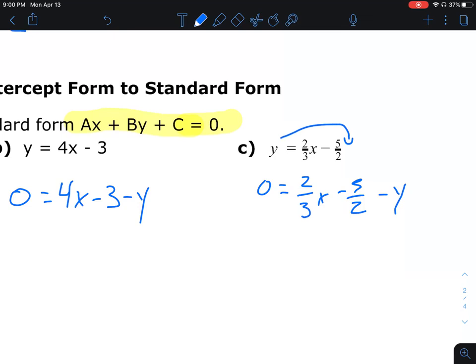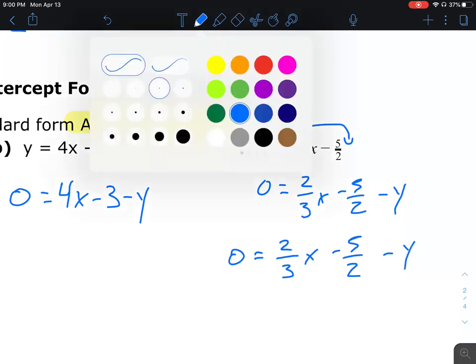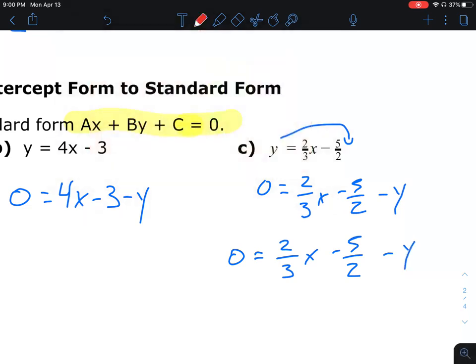I'm going to chop this up a little bit. So my first step, I'm going to multiply everything by 3. Minus 5 over 2 minus y, just spacing it a little bit more. So I'm going to multiply this times 3, multiply this times 3, and I multiply this times 3.